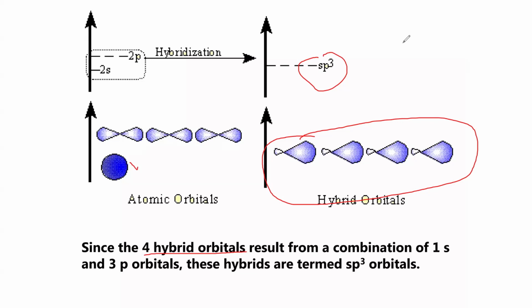Let's say you have NH3. NH3 is ammonia, and you want to know the hybridization of this ammonia. The first thing you do is look at how many atoms are directly attached to nitrogen. There are 3 hydrogens directly attached to nitrogen.